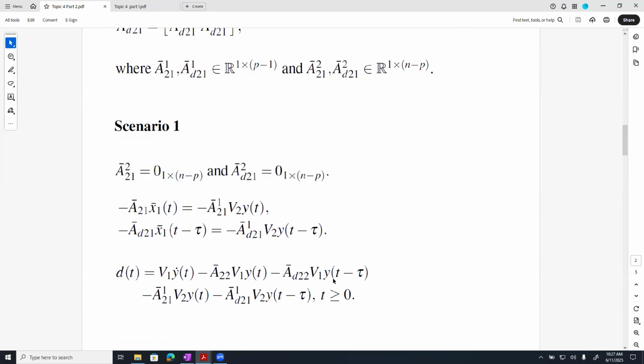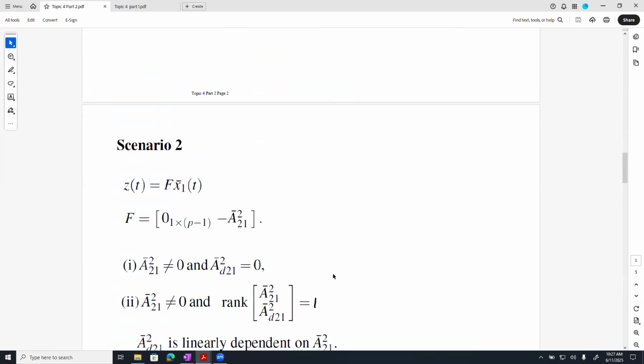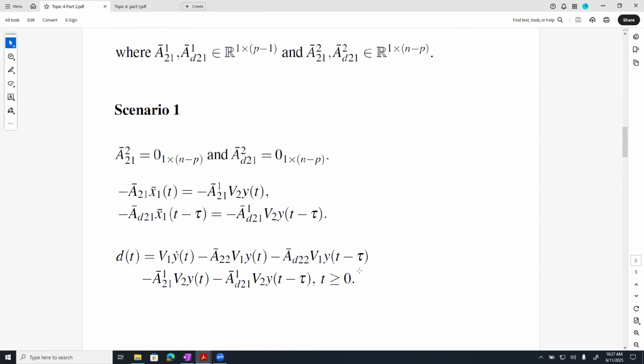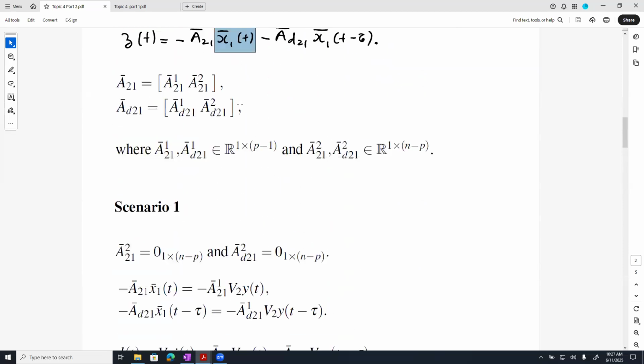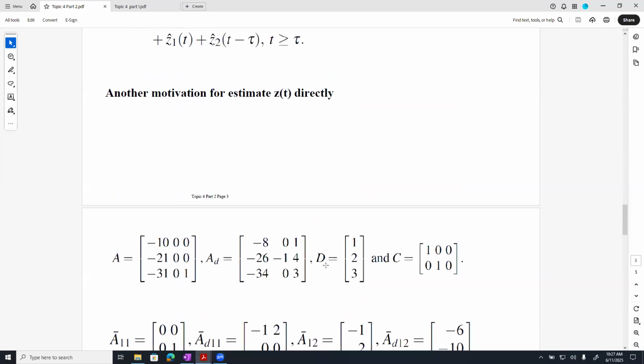And so we exploit all the available options. One option is to not use any functional, and that only occurs when some of the structures in this matrix here are 0, and then if some of them are non-zero, and so on. So we got various scenarios.